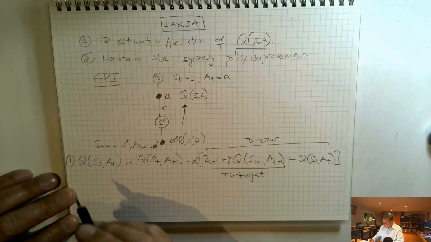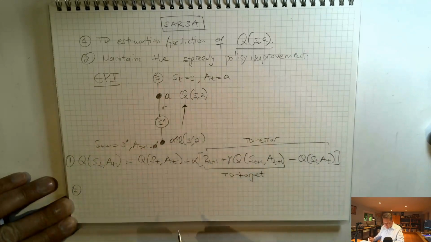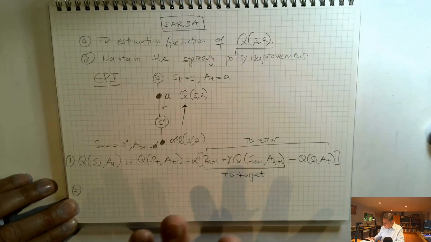The second part, maintaining the epsilon greedy policy, I'm going to write here with words. This is basically on-policy: we only have one policy here, pi.